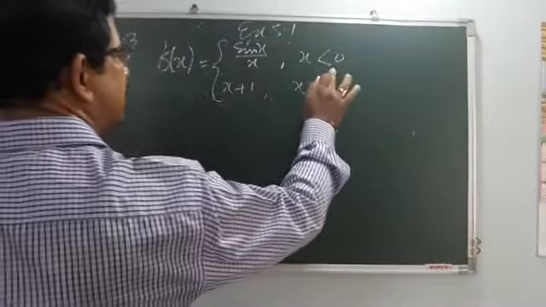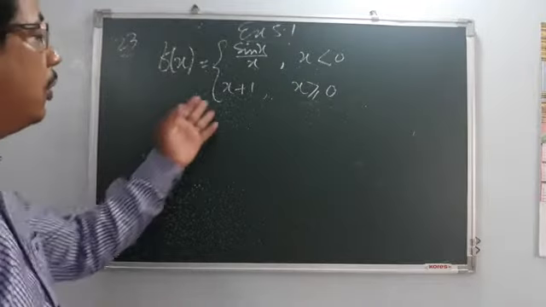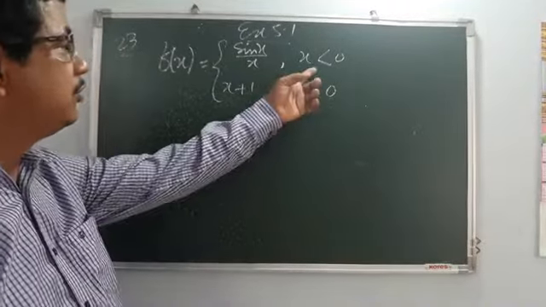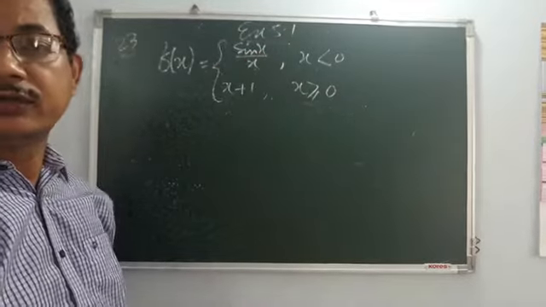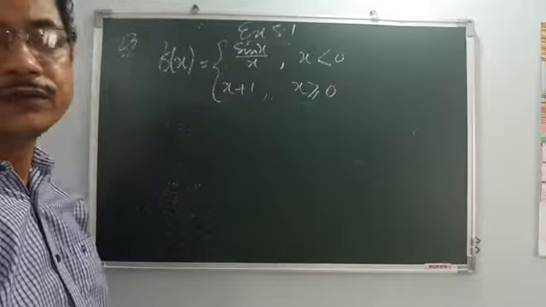Here for x less than 0 this value is given, and for x greater than 0 this is given. Now for x less than 0 it is what? A rational function, that is, a continuous function divided by a continuous function.